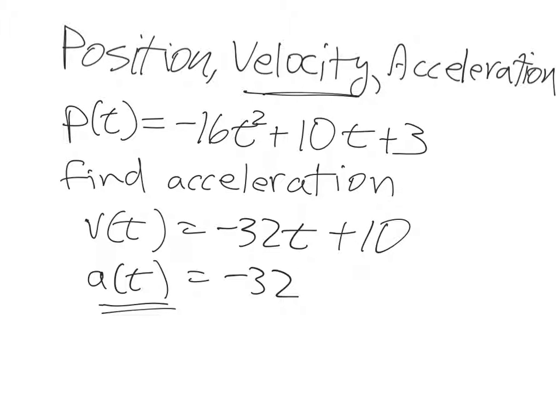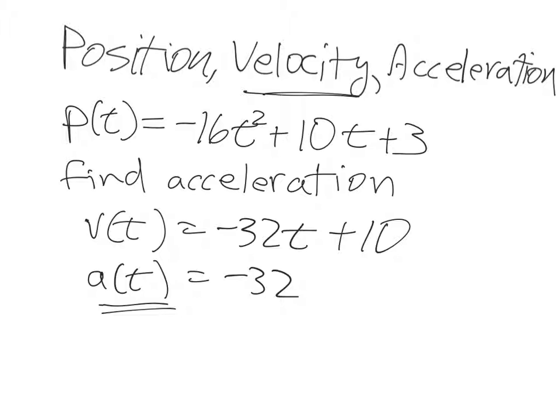Now, if the position function is given a little differently, then we may have a of t equals 5t minus 4. Well, then you'd have to plug in your t value and calculate. But on the vertical motion or projectile, something thrown up in the air, it's probably going to end up being the negative 32, which unit-wise would be what?